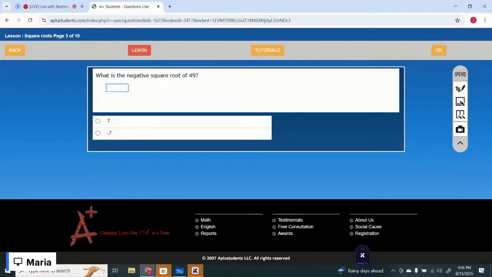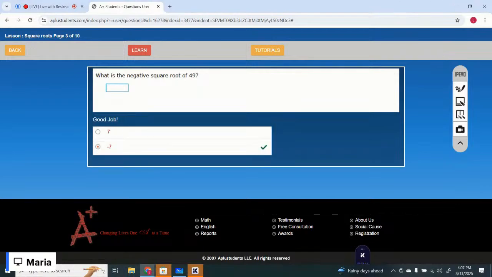What is the negative square root of 49? So that would be negative 7 because 7 times 7 makes 49.